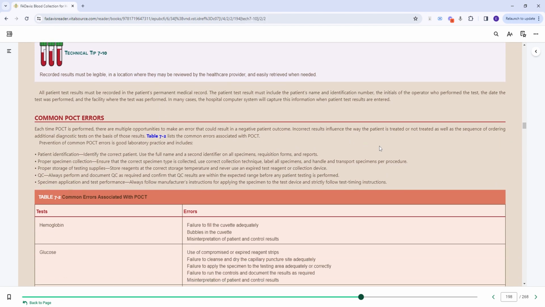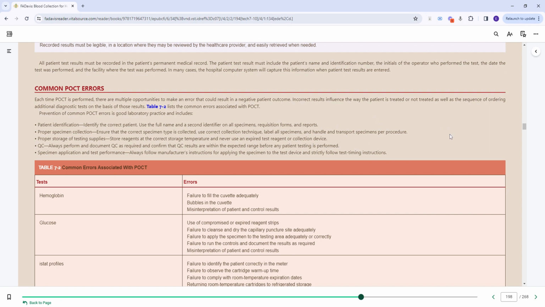Common point of care errors. Typically, they come from not following the manufacturer's instructions correctly. This could lead to incorrect results, which again, we've talked about.